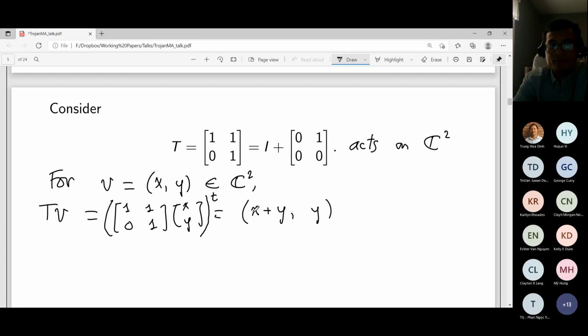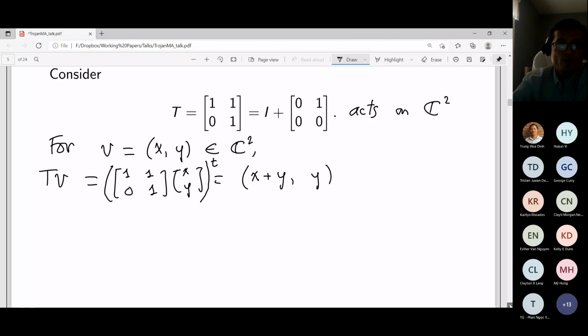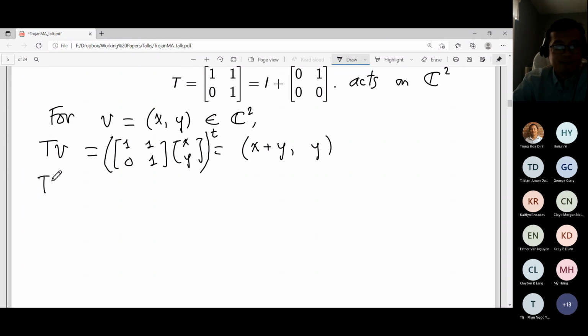That is the action of T on a vector V. Now, if we do one more time, we have T squared V. Then with the same calculation, we will have X plus 2Y, comma Y. One more time, T cubed.